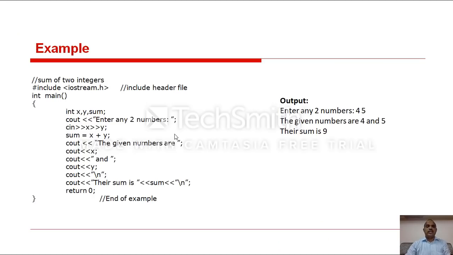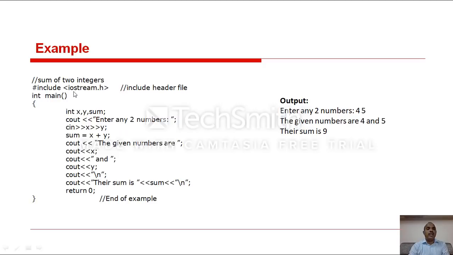Then this is an example of a C++ program. All of you see the example. This is hash include iostream.h. Then the control begins with main, but hash include is called the link section. We want to execute cout and cin functions.